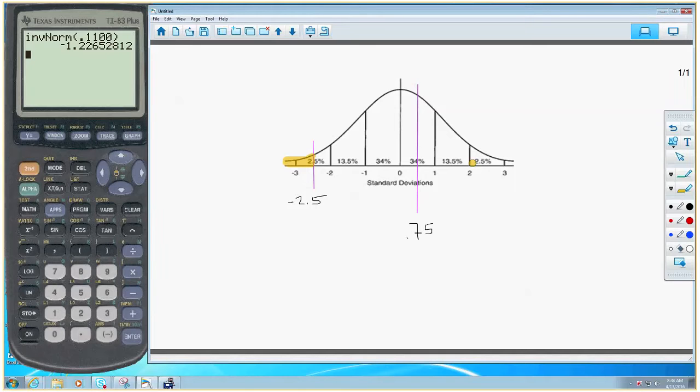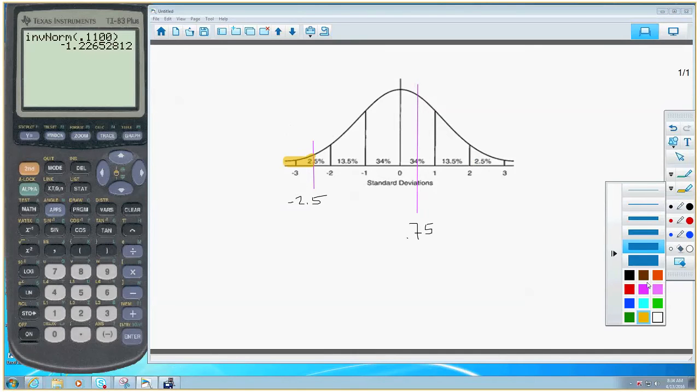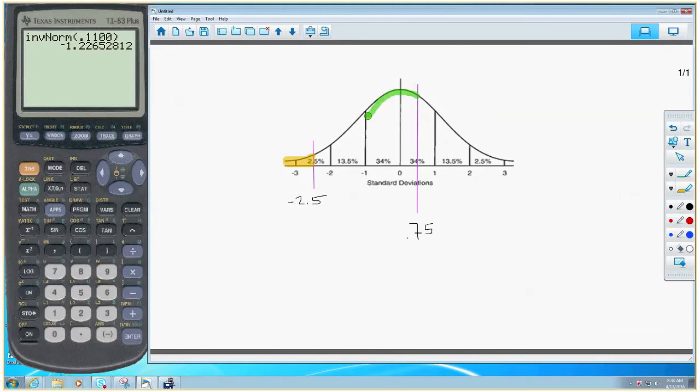Now, if you use the table, you're going to have to subtract the smaller area from the larger area.